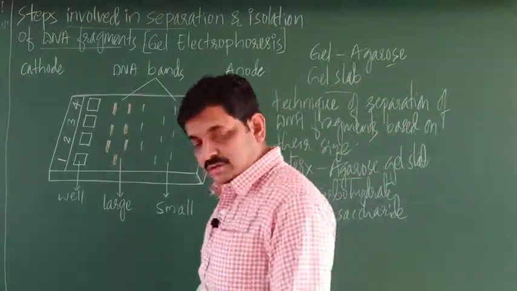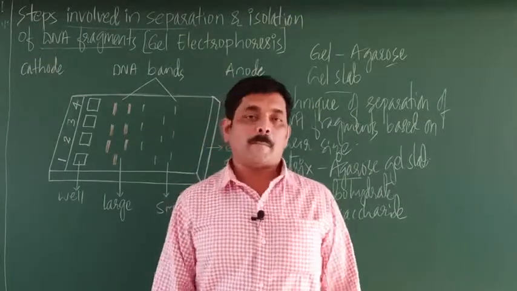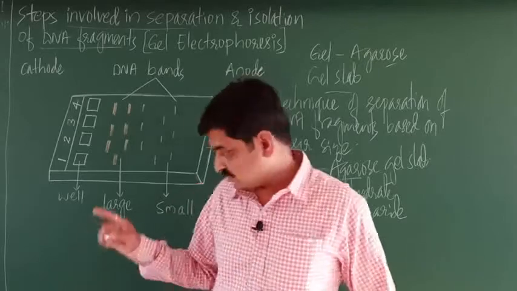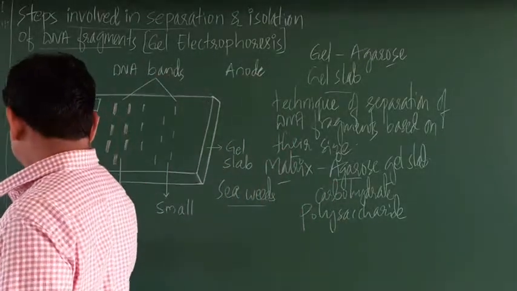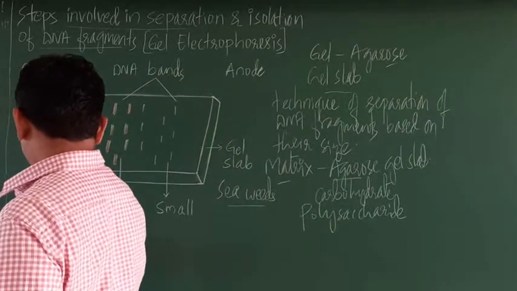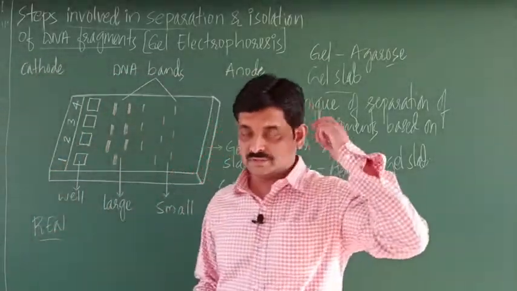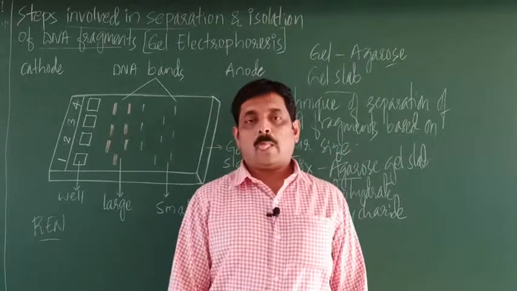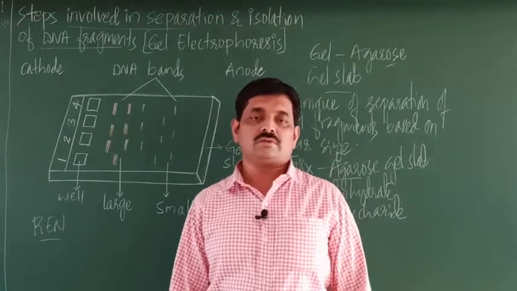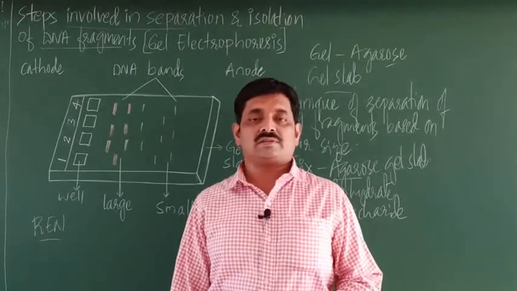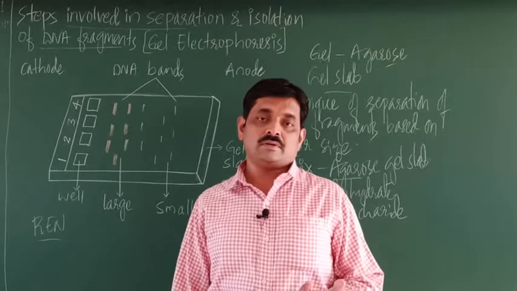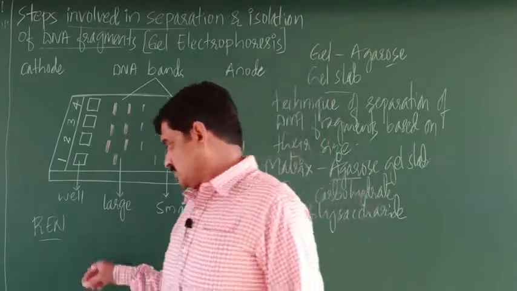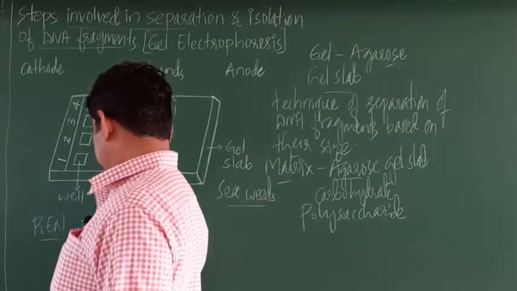So first the DNA is treated with REN, right? This DNA is first treated with REN. So REN is restriction endonuclease, a type of restriction enzyme. So what are the examples of REN?